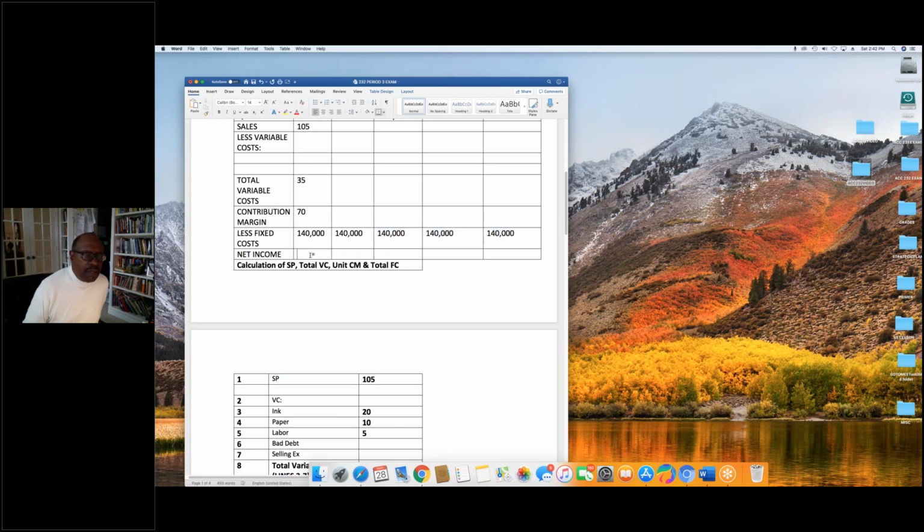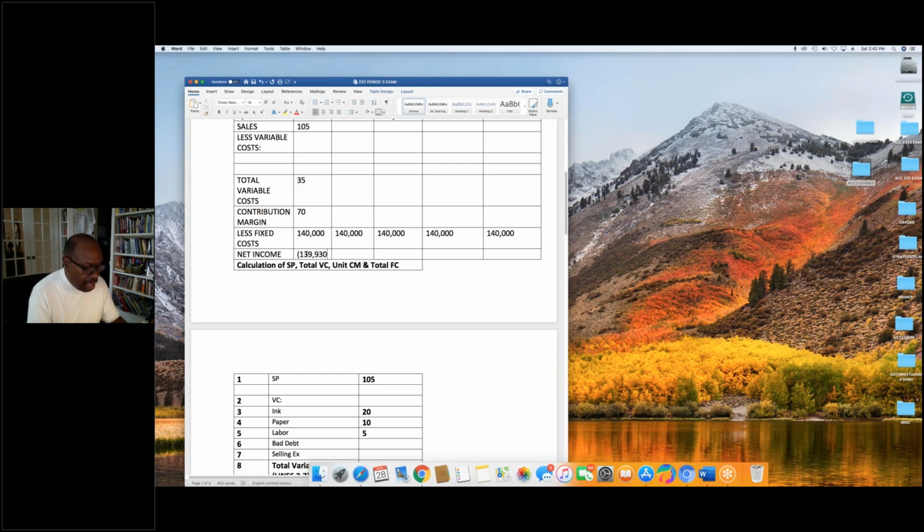So if we sold only 1 item, we would make $70, but we would have 140,000 in fixed costs, and therefore our net loss on selling just 1 item is $139,930.